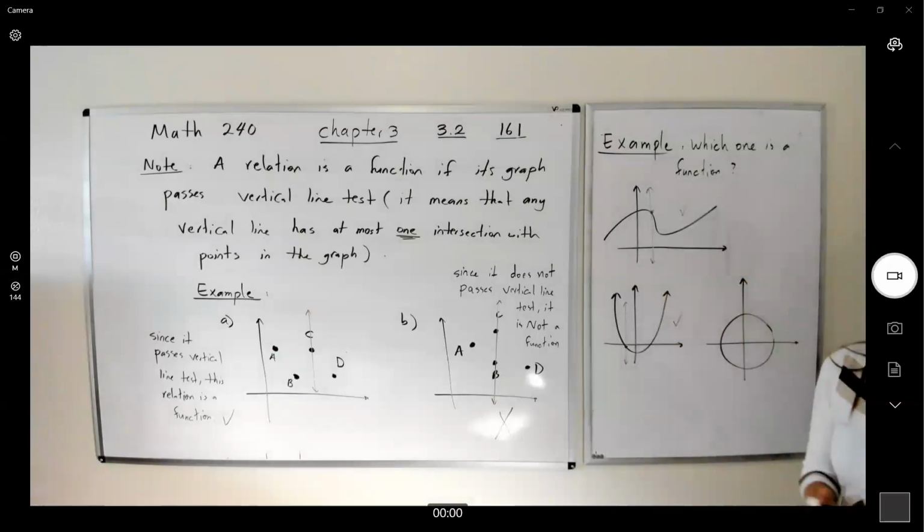Here you have a circle. There is a relation, and it is a circle. Let us take a random vertical line. As you can see, it has more than one intersection with the graph of the relation here, and it is not a function.